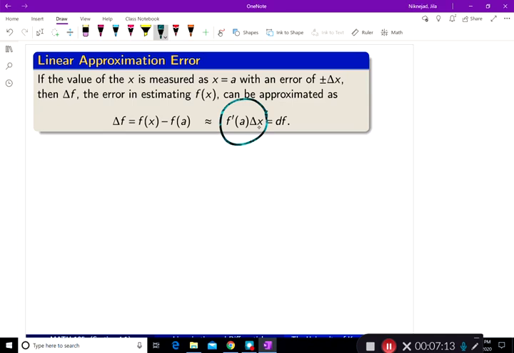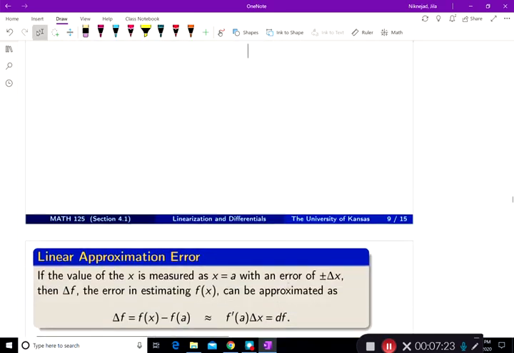So again, here plus minus delta x, and I switched it to a positive value here, or absolute value of the actual error.